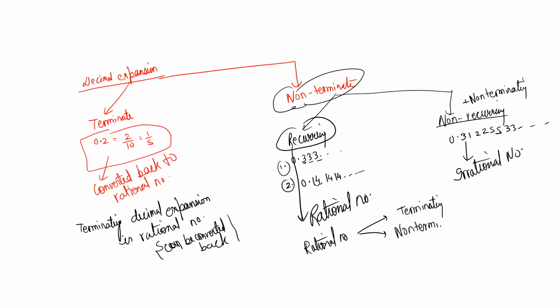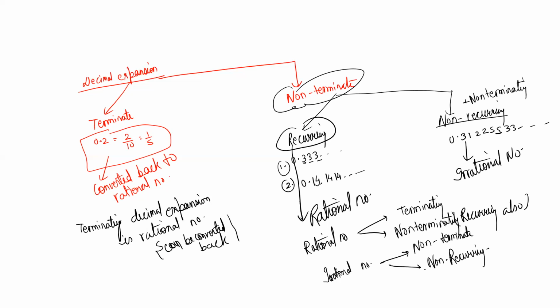But if it is non-terminating, then it would be recurring also. But in terms of irrational numbers, they would non-terminate and they will non-recur. So you got to know the decimal expansion of rational and irrational numbers.